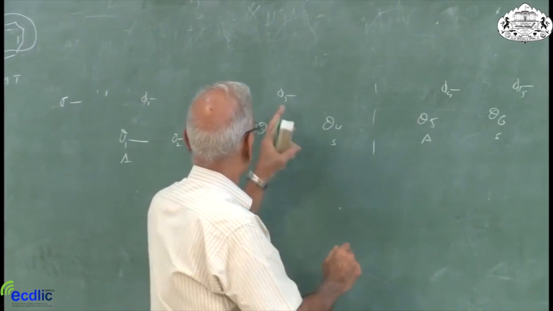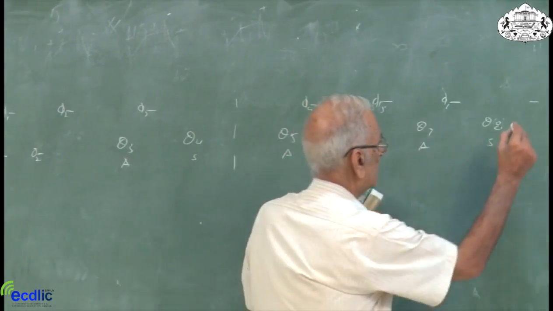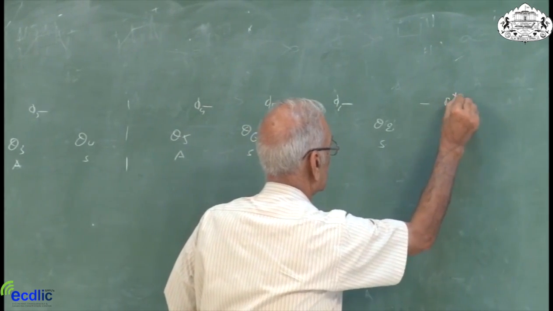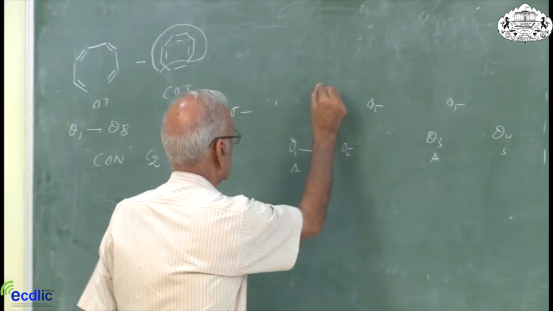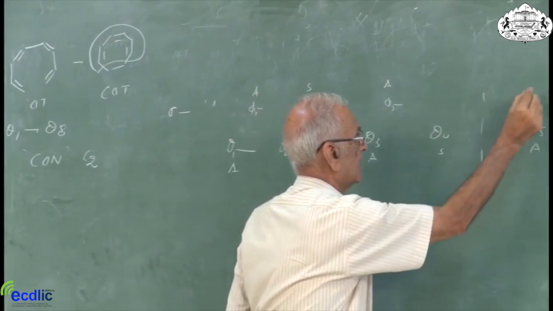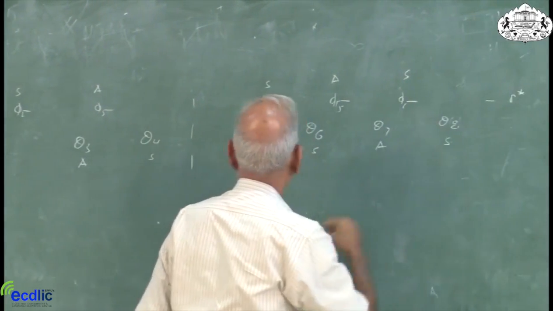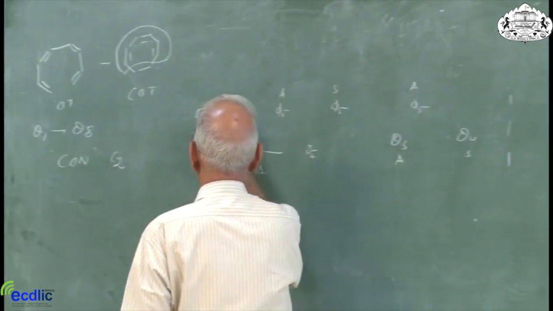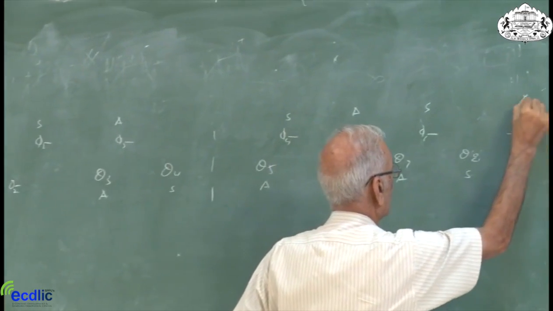Theta 4 is less, that is your phi 4, phi 5, phi 6, and this is your sigma star. Okay. So, now A, S, A, S, A, S. Sigma is symmetric with both, this is antisymmetric with both.